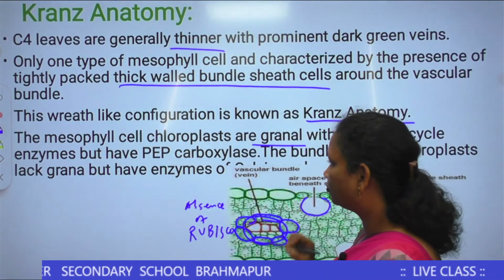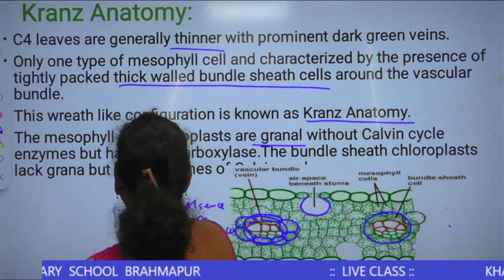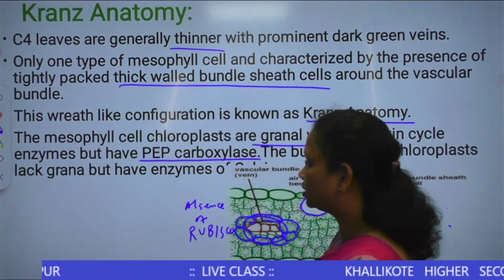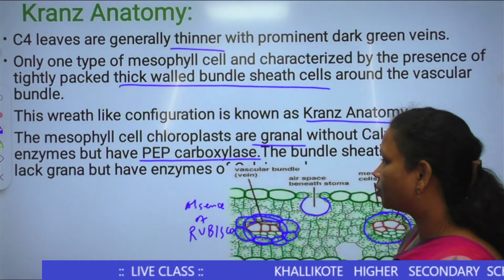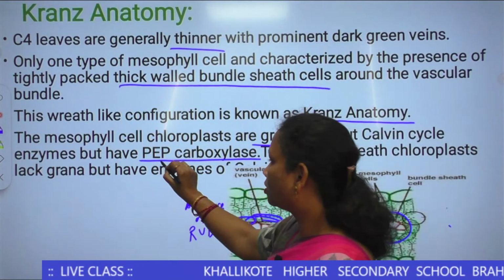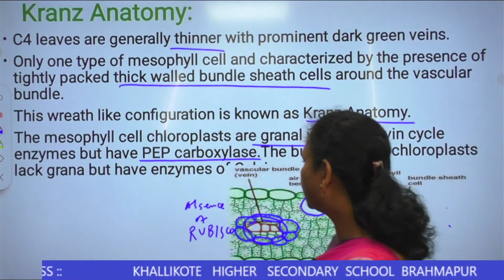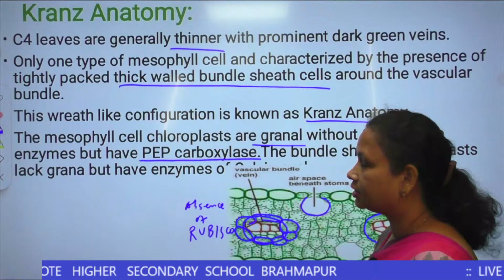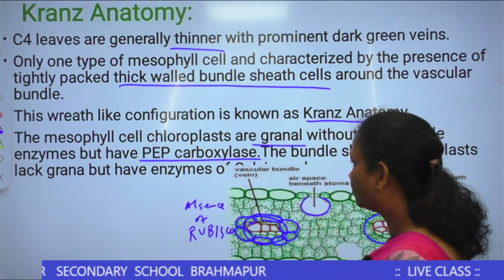Instead of Rubisco, they have another carbon dioxide accepting enzyme which is PEP carboxylase, phosphoenol pyruvate carboxylase. So, the first enzyme that will accept carbon dioxide here is PEP carboxylase.